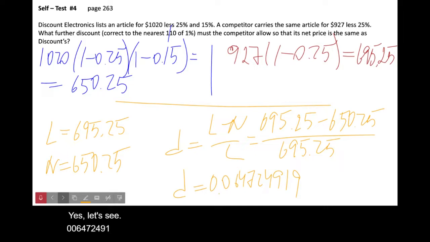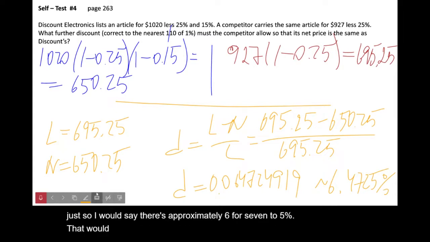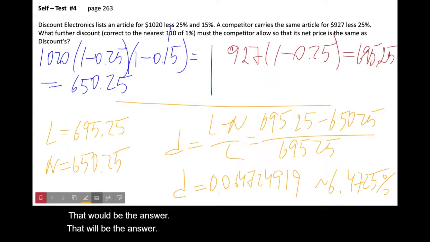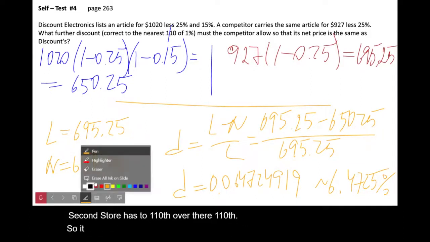0.06472491. Now it depends, they might say, okay, we want accuracy for digits, so I would say approximately 6.4725%. That would be the answer. So on top of 25%, the second store has to give a further discount.